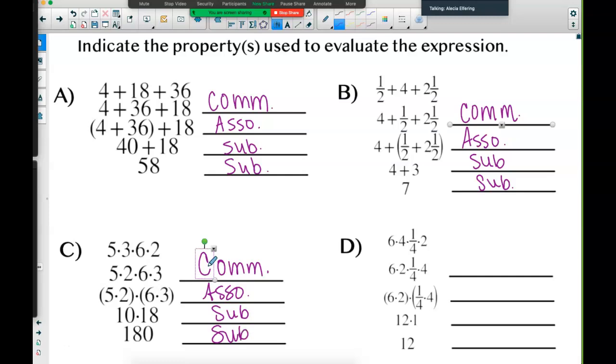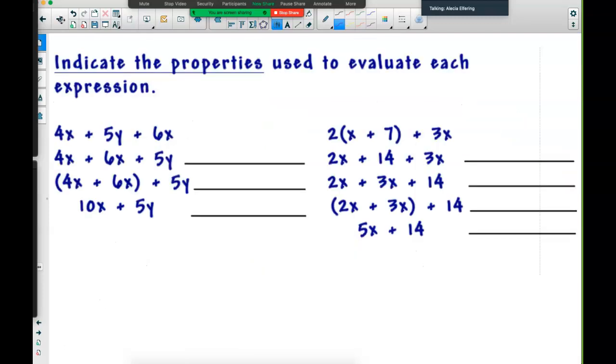Okay, so far we've looked at this with just numbers. Now let's look at it with some algebra. It's really the same type of thing, so don't let this confuse you. The first one, 4x plus 5y plus 6x, and then I changed it to 4x plus 6x plus 5y.